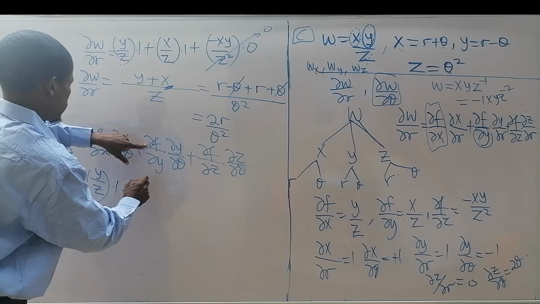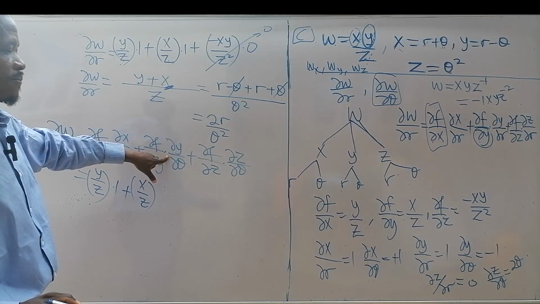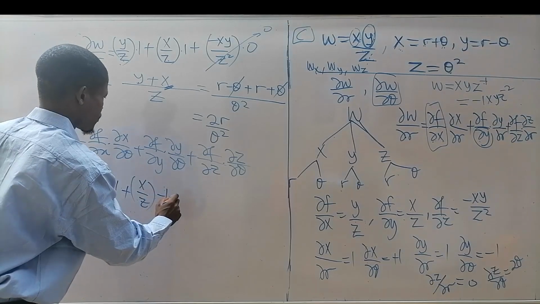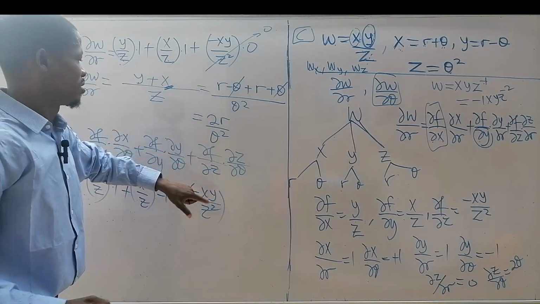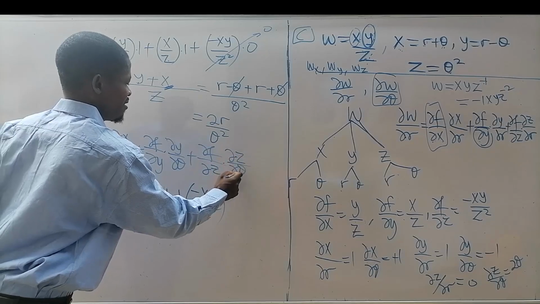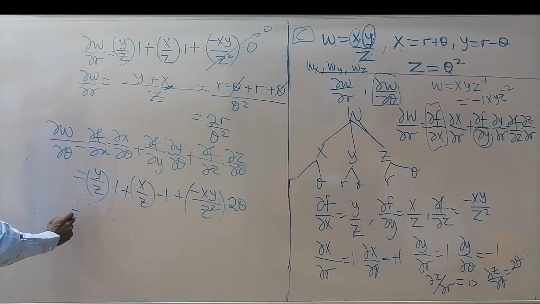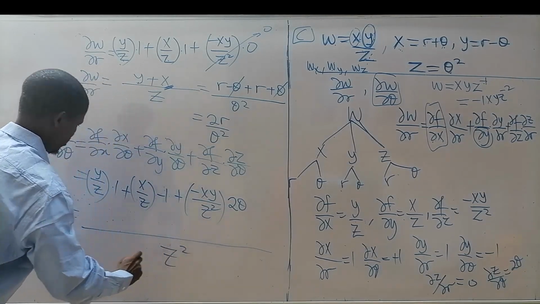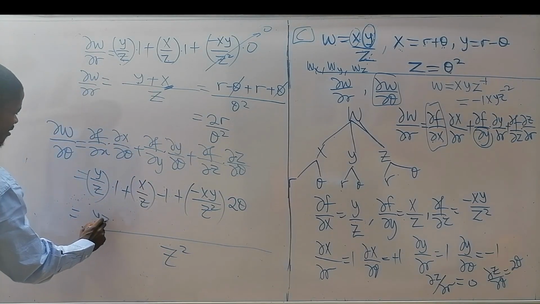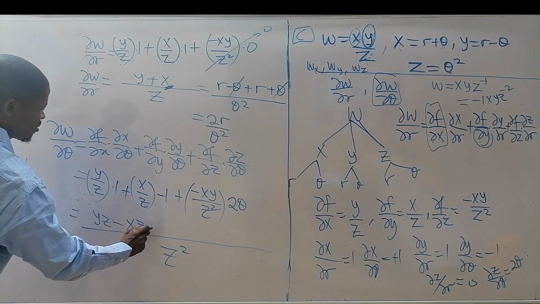This one, del y del theta, that's minus 1. Del f del z, we have this expression, times del z del theta, that's 2 theta. Okay? So if you do the algebra for this one, it's going to give us this. And that will be yz plus, times minus, that's minus. So we have this.